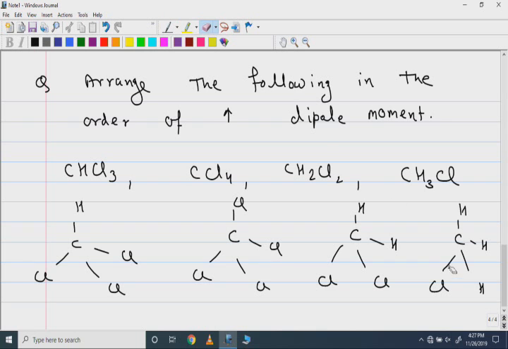Just keep in mind the electronegativities and draw the direction of the dipoles. For example, I am drawing it for the first case. Carbon is more electronegative than hydrogen, therefore the direction should be this one. Here, chlorine is more electronegative than carbon, therefore the direction would be this one, and this one.